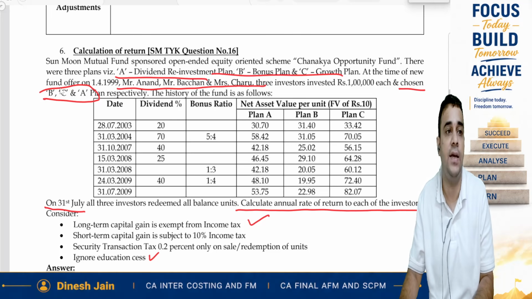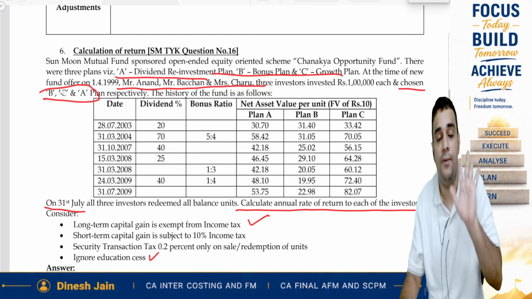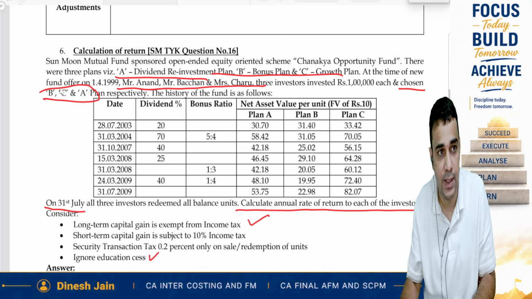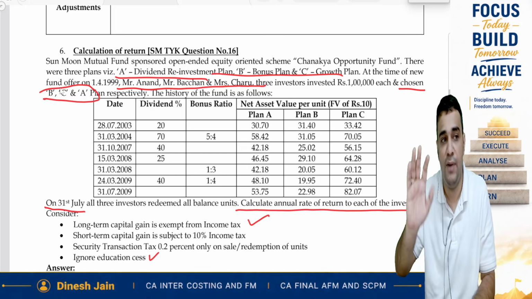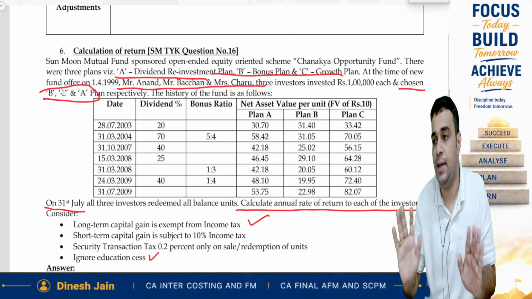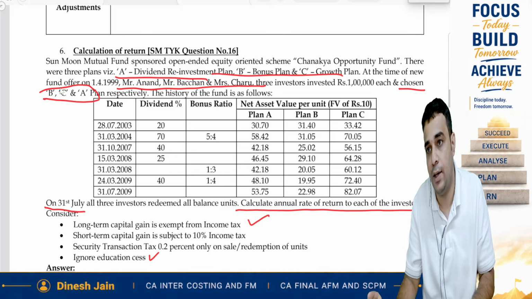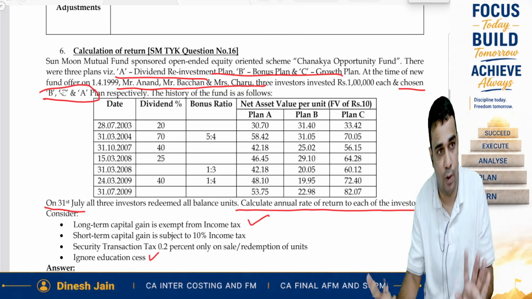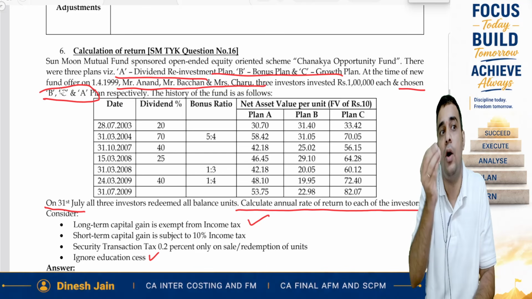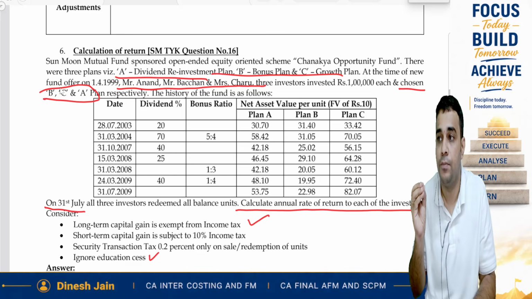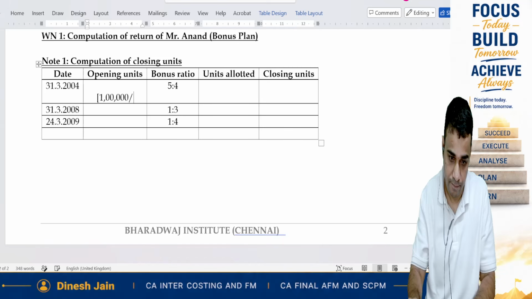Nothing given, so I will be allotted at face value. In all the 3 plans, I'll be allotted units at the face value. What is the face value here? Divide by 10.